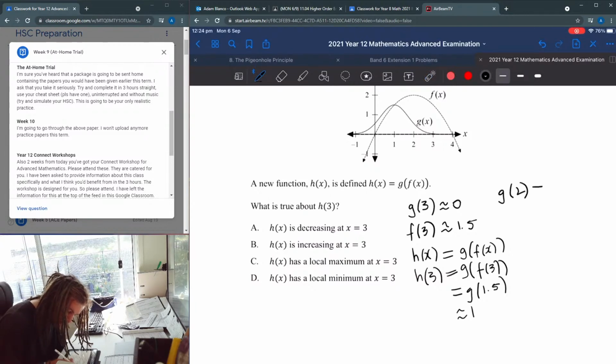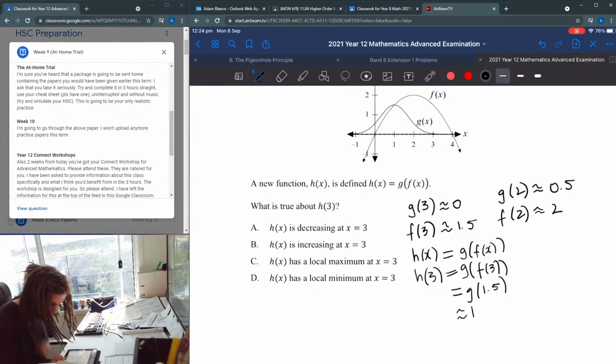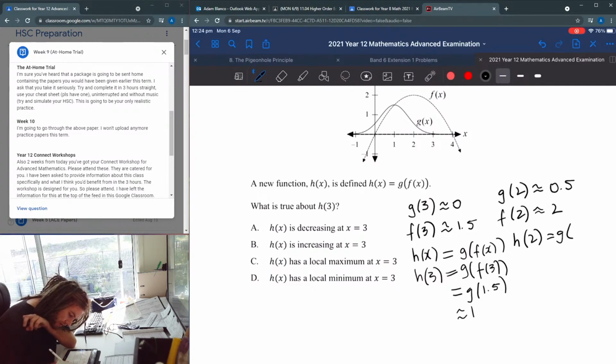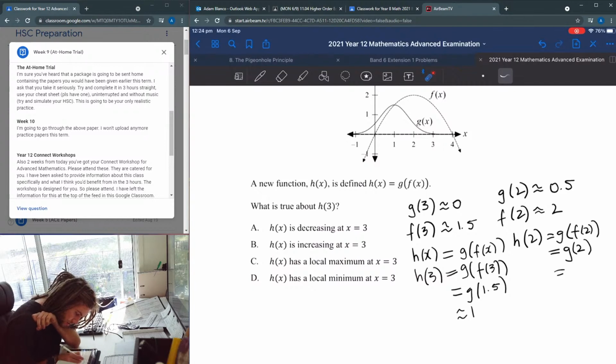Anyway, I'm doing g of 2. That's around about 0.5. f of 2 is around about, well, that is the maximum, 2. So then h of 2 would be g of f of 2, which is g of 2.